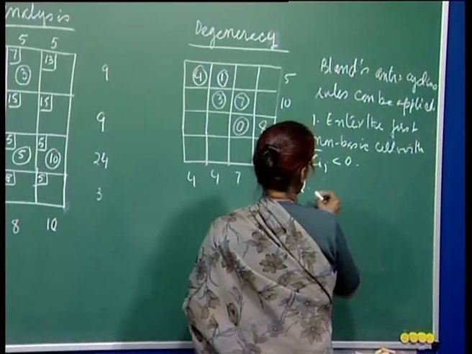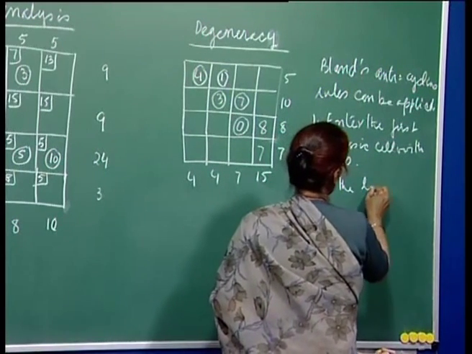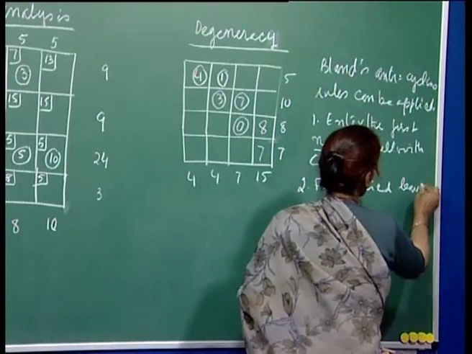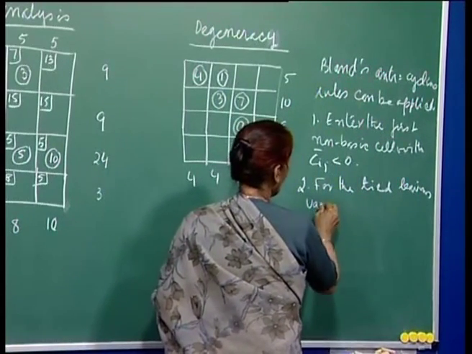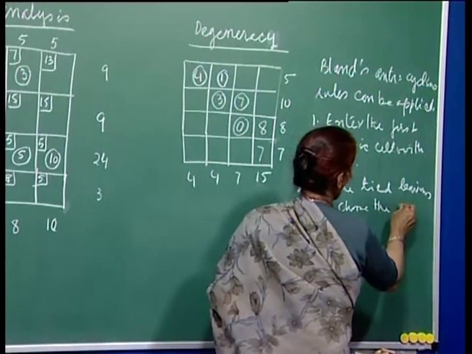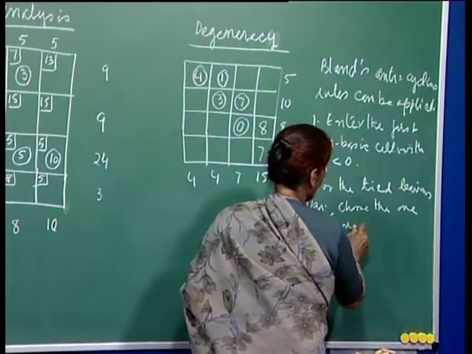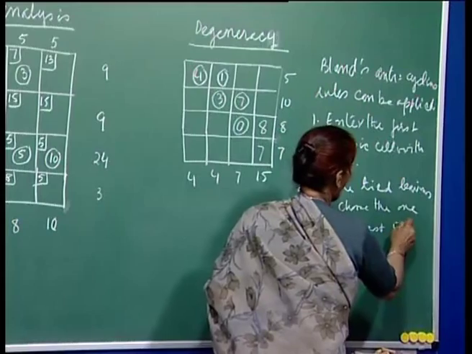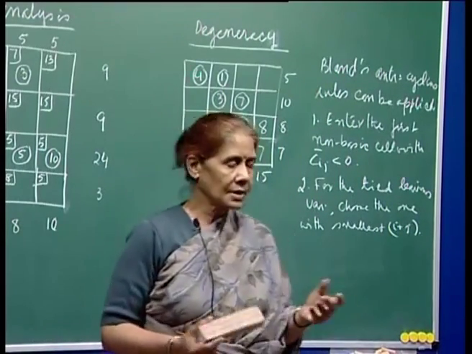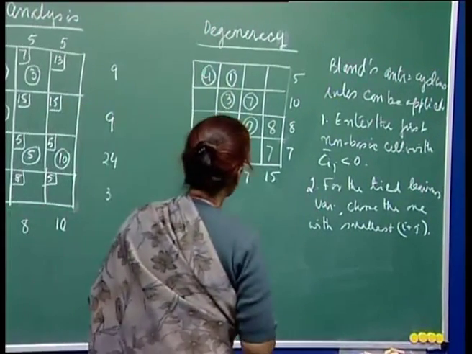And second, for the tied leaving variables or outgoing variables, choose the one with the smallest I plus j, because here the index is actually I plus j in our sense, right?